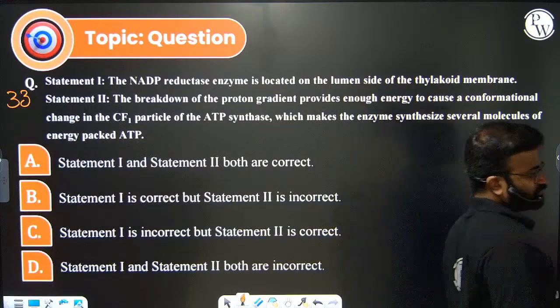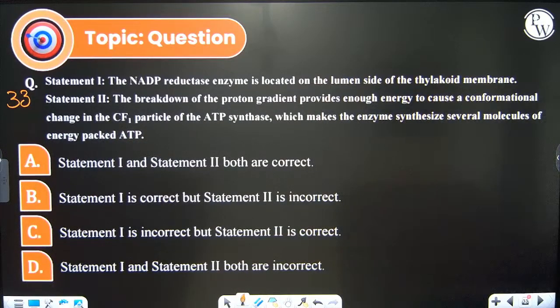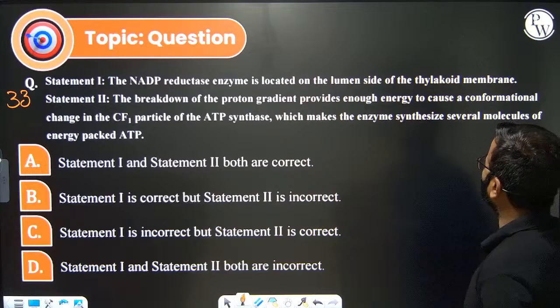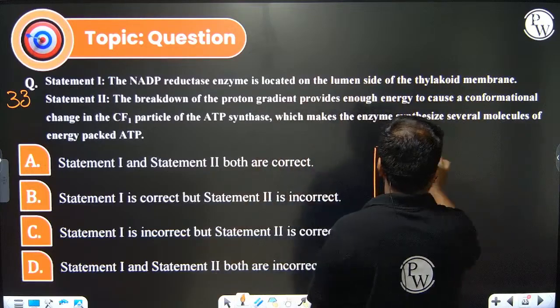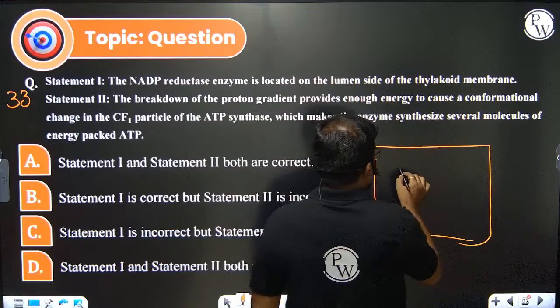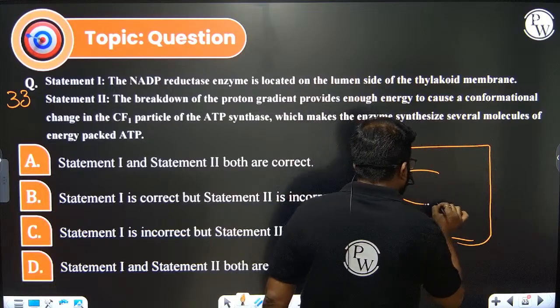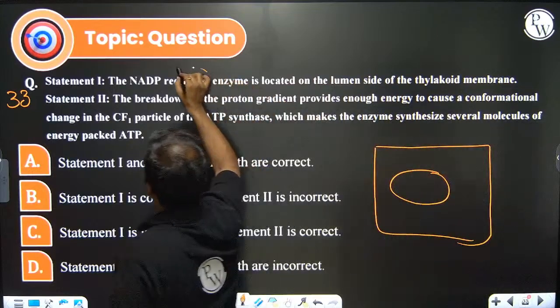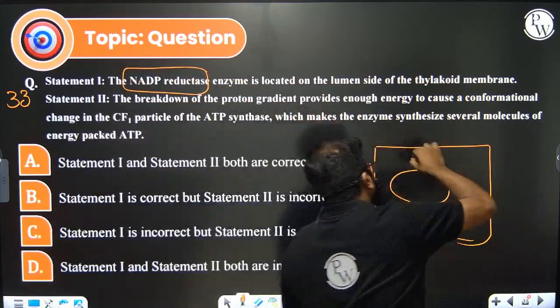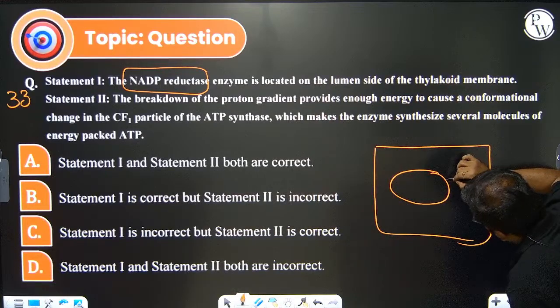Let's see. What is the first statement? The NADP reductase enzyme is located on the lumen side of the thylakoid membrane. No. If this is the chloroplast, if this is the thylakoid, strategically NADP reductase is present over the outer side of the thylakoid.